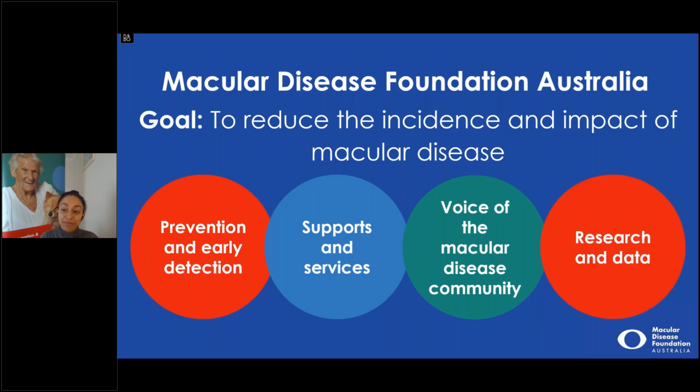And finally, research and data. 100% of funds donated to research go directly into our research grants program. Since 2011, we've donated over $4.1 million to 21 different Australian research projects.